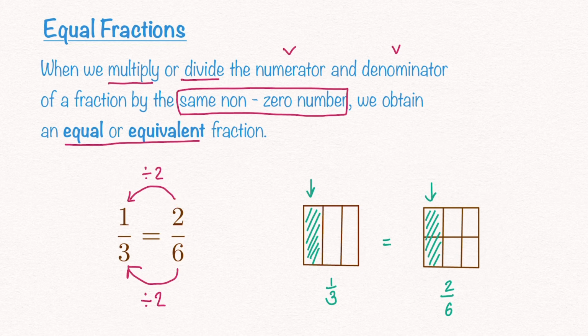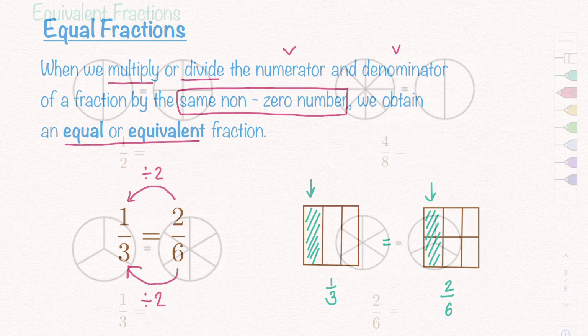So this shows us that the definition of equal fractions is true. We multiply or divide the numerator and the denominator of a fraction by the same non-zero number. And when we do that, we obtain what is called equal fractions. The two fractions look different with different numbers but are equal in size.